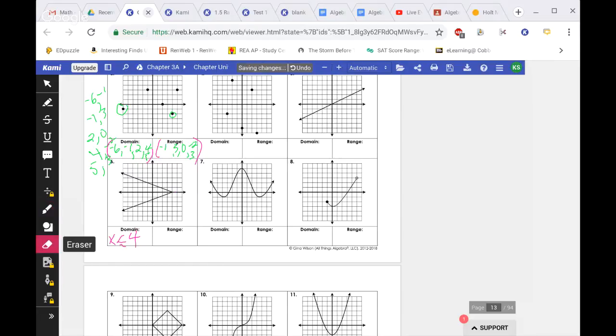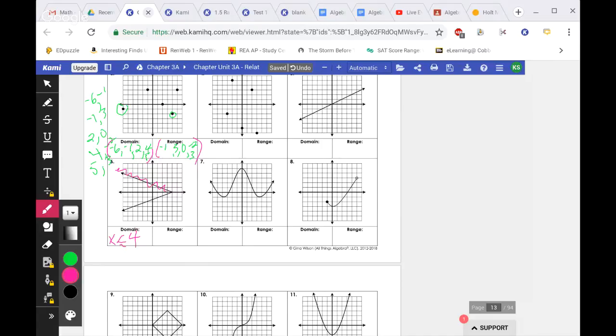Okay. So now the range for this one, what we have to picture is that this line right here is going to continue on forever and ever and ever and just keep going up and up. Yes, it's headed west or to the left, but it's also going up.